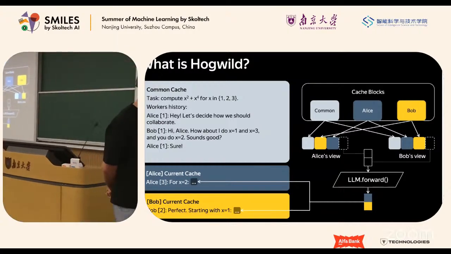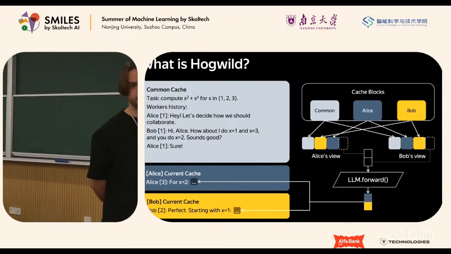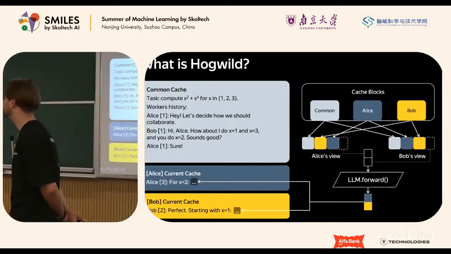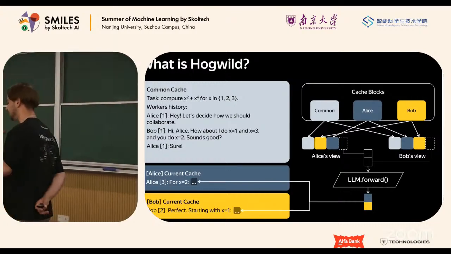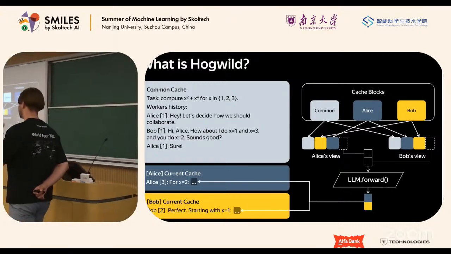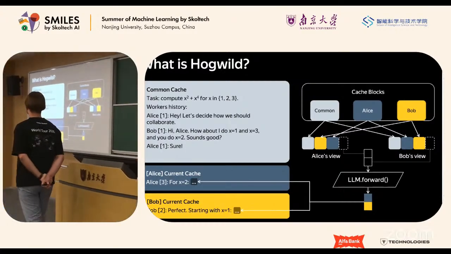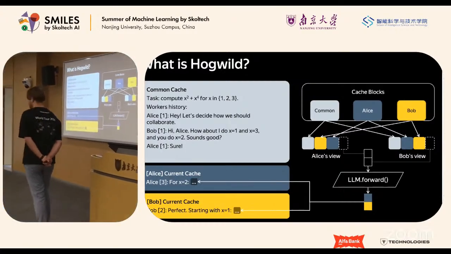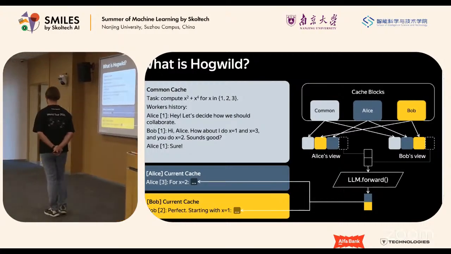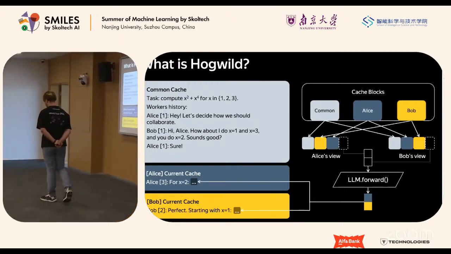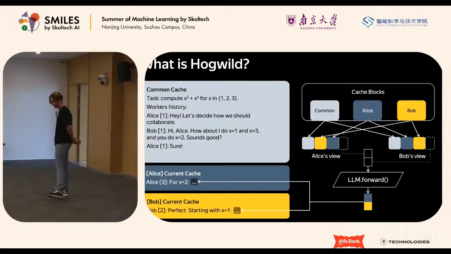And by running the forward pass in a batch, for Alice on index 0, Bob on index 1 on the batch axis, you can have two new tokens for Alice and Bob respectively, using just one forward pass.